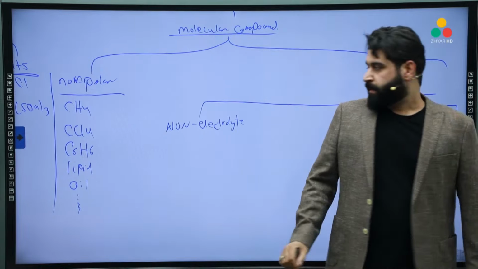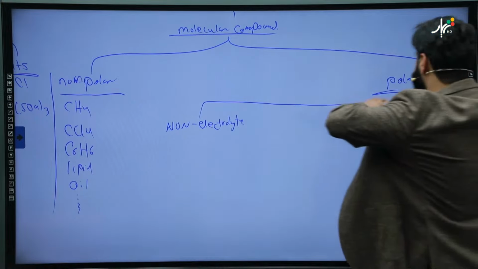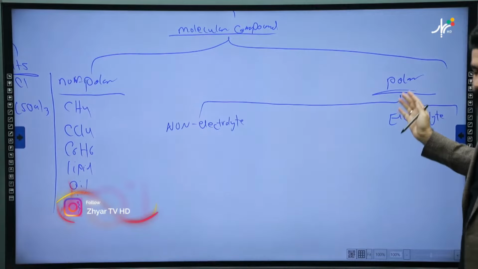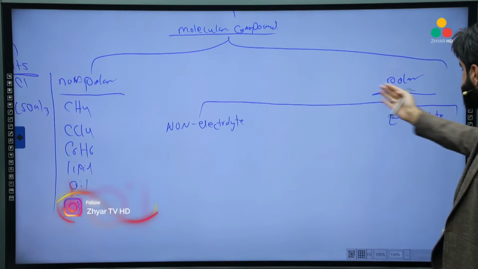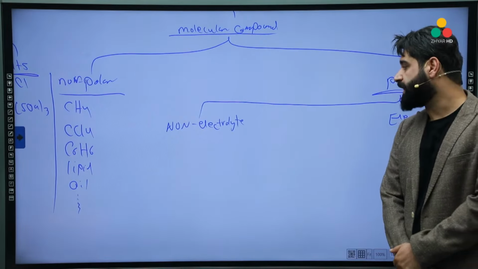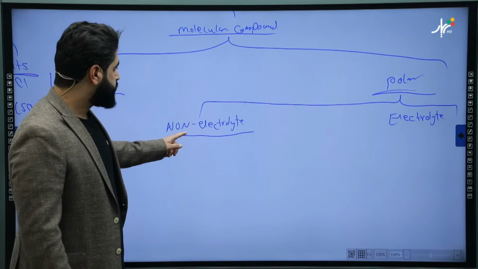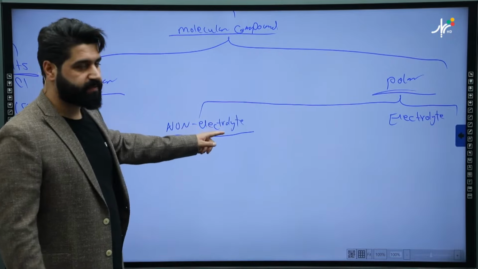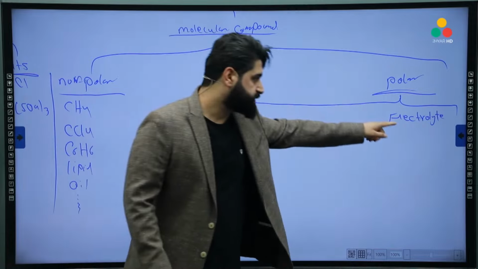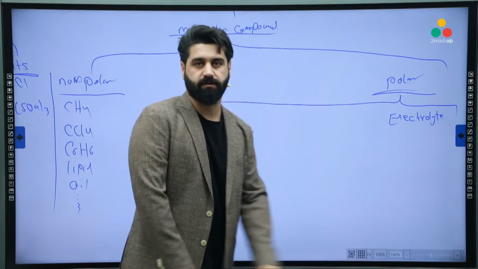Well, molecular compounds have further classification, non-polar and polar. Polar compounds become non-electrolyte and electrolyte. For polar molecular non-electrolyte, that means they will dissolve in water, but they are non-electrolyte. For polar electrolyte, that means they can dissolve in water, but they are electrolyte.